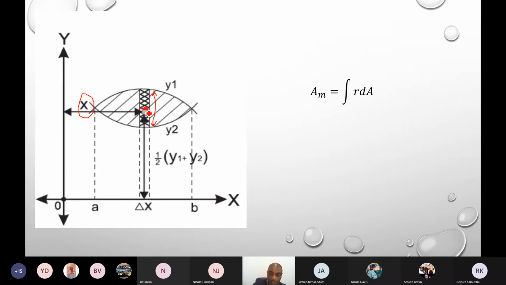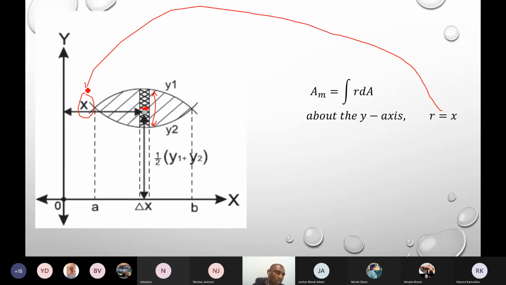But we know that if it's about the y-axis, our r will be x. I showed you already. There it is here. But what is our delta A? Delta A is the area between two graphs. Let me write it here before I even put it on the slide.